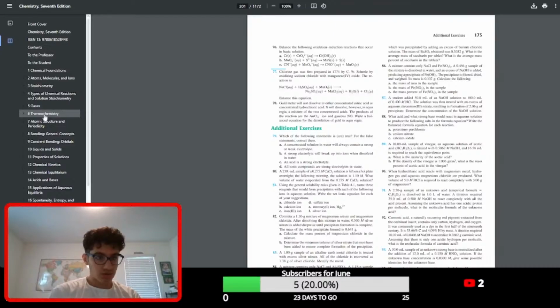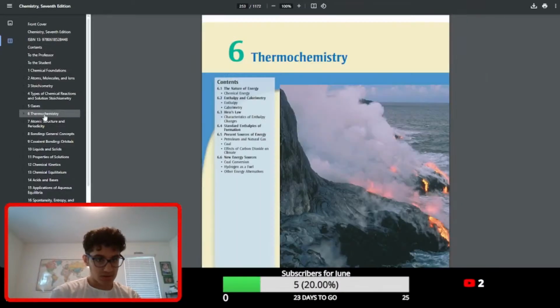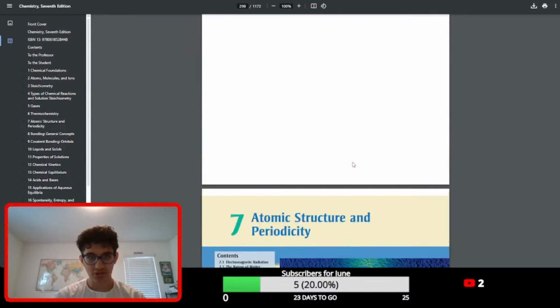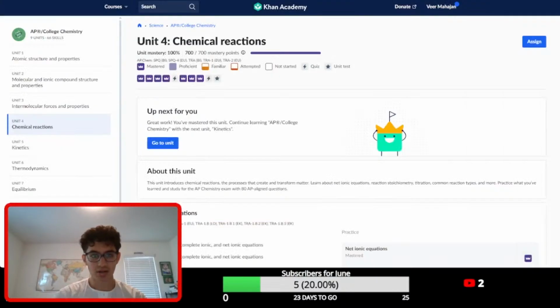Chapter 6 is thermochemistry. Let's see how long these are. 253 pages. So it'll be 50 pages, and then a full 100 pages I have to read to finish the next unit, which is thermodynamics, I think. That will take some time, and I'm not too sure how long.